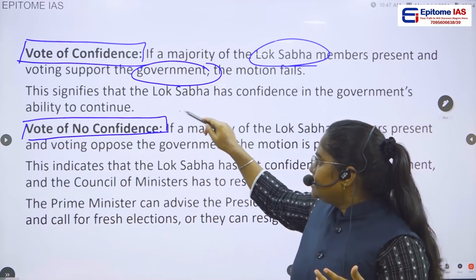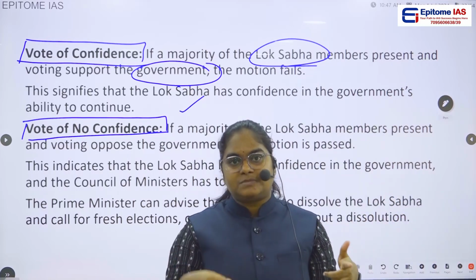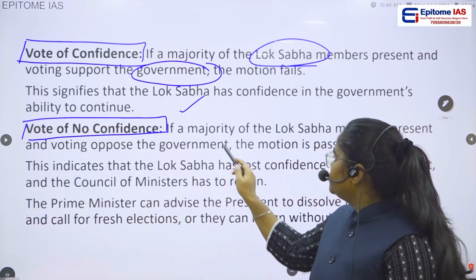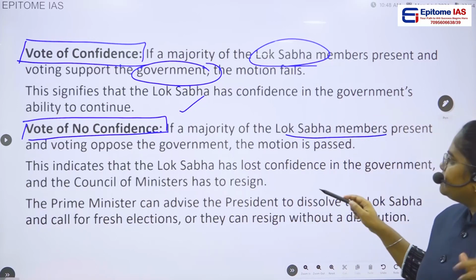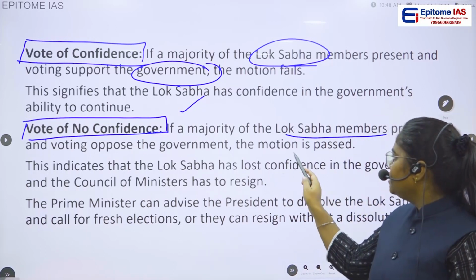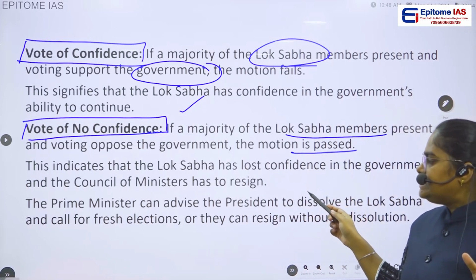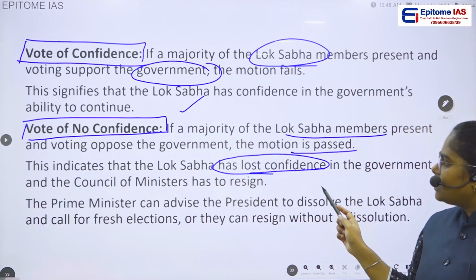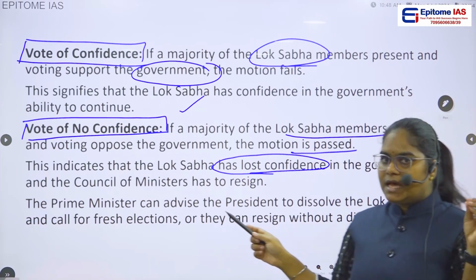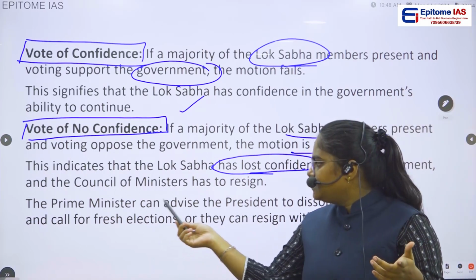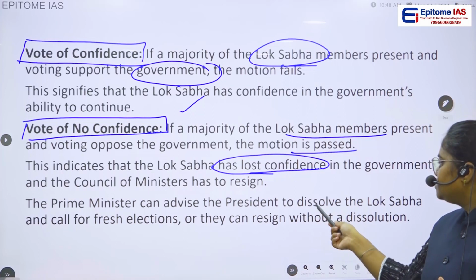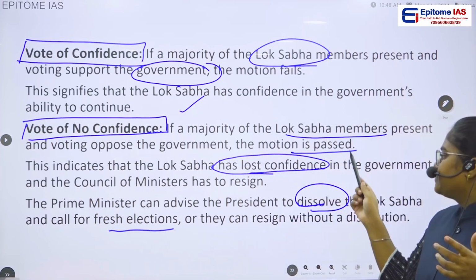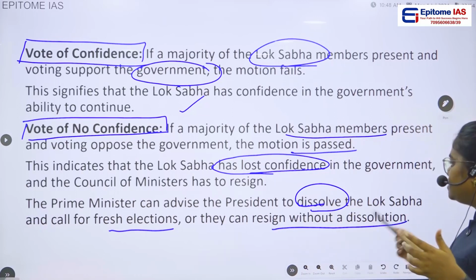But there is another case when the no confidence motion is passed. In that case, the government will be resigning. If a majority of the Lok Sabha members present and voting oppose the government, the motion is passed. This indicates that the Lok Sabha has lost confidence in the government and the Council of Ministers has to resign. The Prime Minister can advise the President to dissolve the Lok Sabha and call for fresh elections, or they can resign without a dissolution.